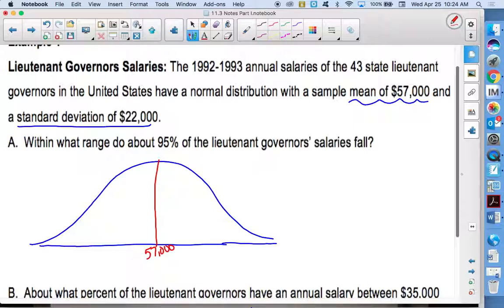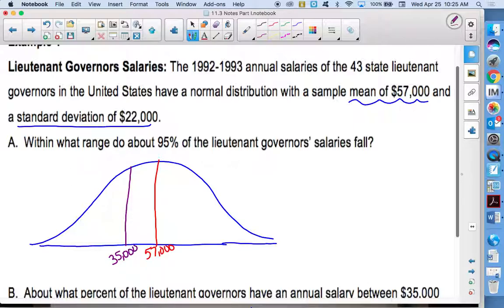If we go to the left, one standard deviation to the left would be 22,000 less. So what's 57,000 minus 22,000? Not a trick question. 57 minus 22 is 35.